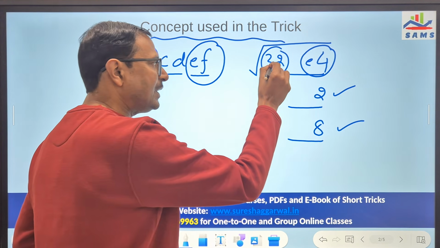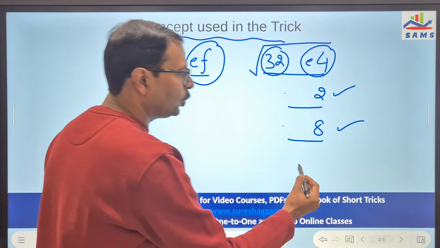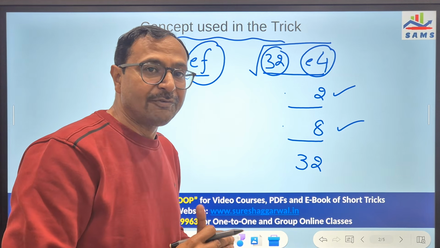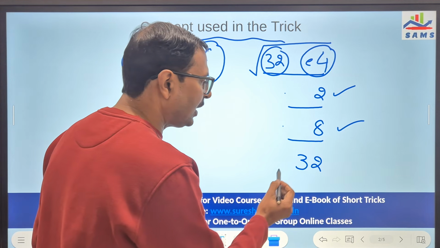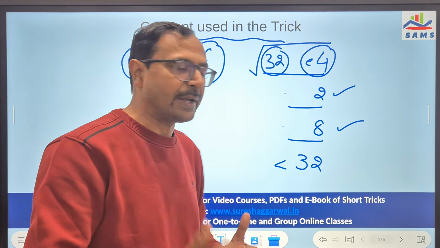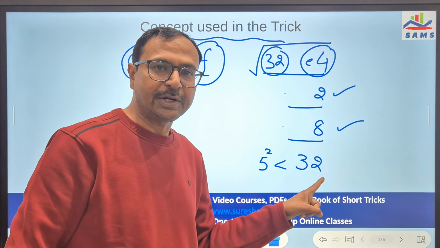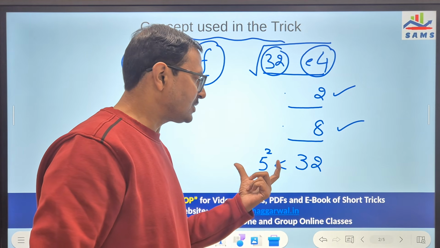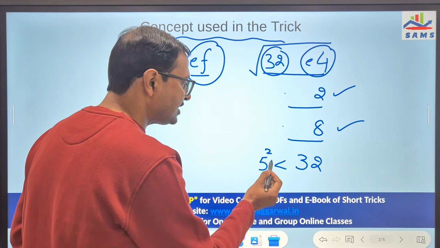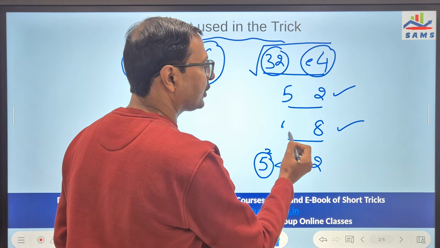Now this will tell you the first digit of your answer, because 32 is the number which you have to compare with perfect squares, and you have to get to a number which is smaller than 32 but a perfect square, like 5 square. 5 square is 25, very close to 32. You can't take 6 because 6 square is 36, which is above 32.